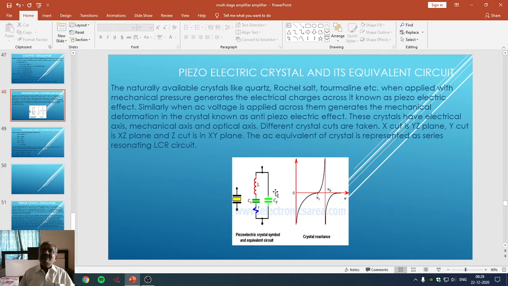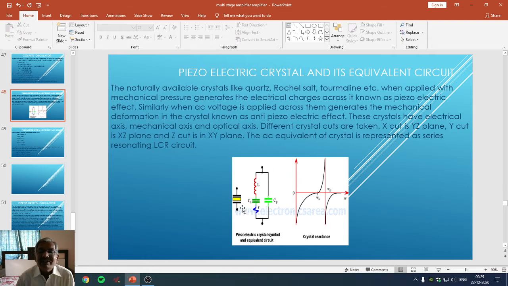If you cut the crystal properly, it starts behaving like an LCR circuit, either in parallel or in series. This behavior of the crystal like an LCR circuit is known as its equivalent circuit. That equivalent circuit is represented here.